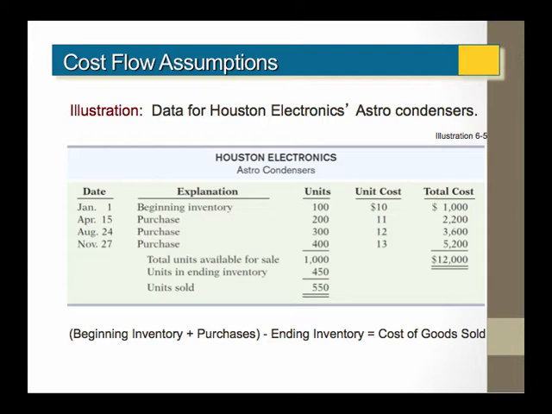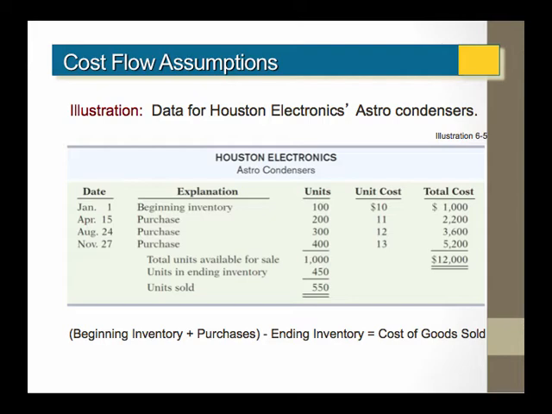We would extend out the units times the unit cost to determine the total cost of each purchase. So in essence, when we're using the periodic inventory formula of beginning inventory plus our purchases, our goods available for sale are 1,000 units at $12,000.